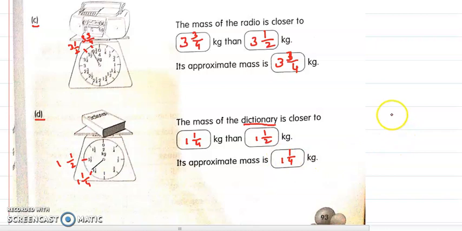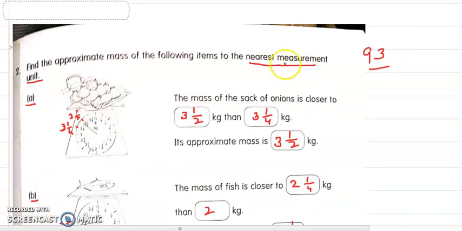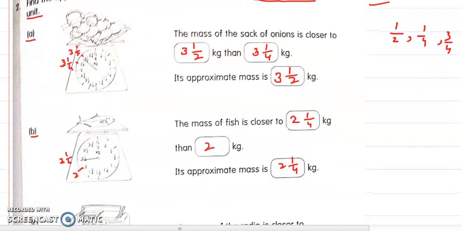So while solving this type of question where you are asked for the nearest measurement unit, you can write in the form of halves, quarters or three quarters, and the approximate value can also be written in this form like we did in these examples.